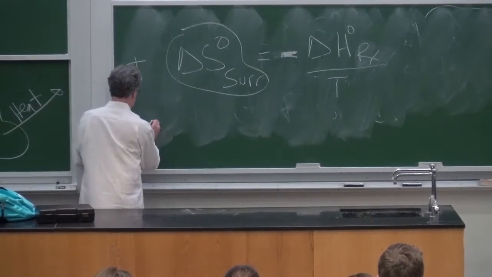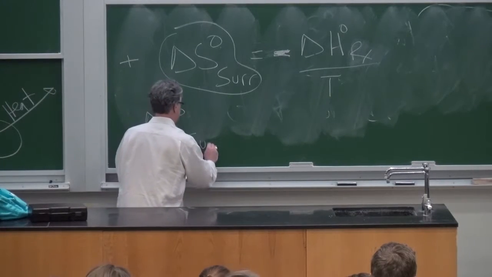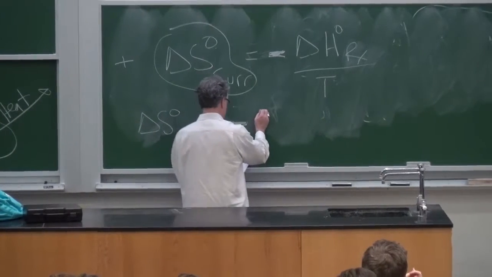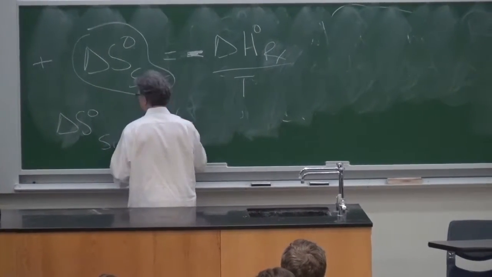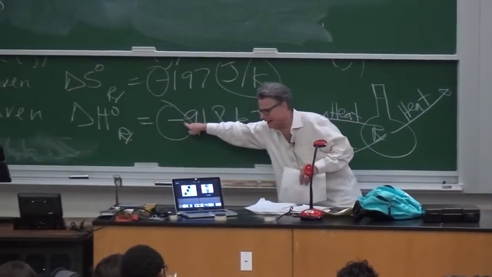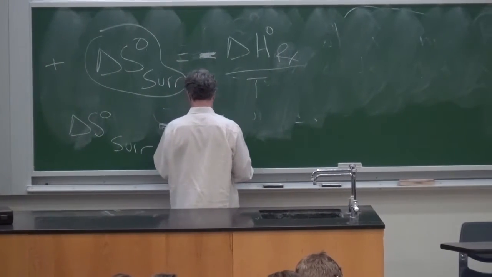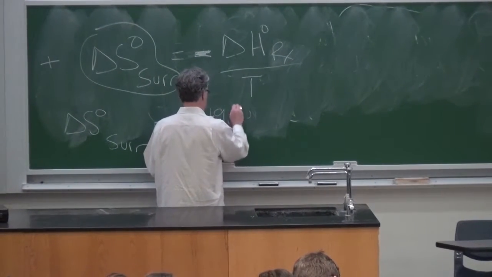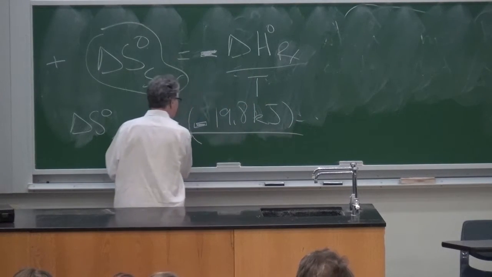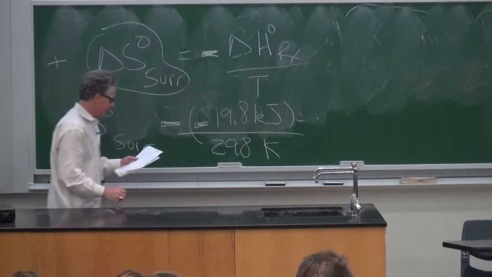We're going to say delta S of the surroundings is negative. There's that negative sign. Negative because delta H is negative. Negative 91.8 kilojoules divided by the 298 Kelvin.